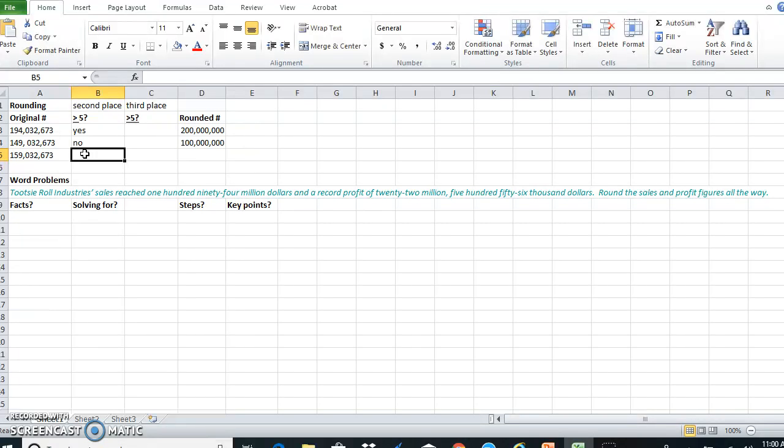Is 5 greater than or equal to 5? Yes, it is. 5 is equal to 5. So we round up to the nearest 100 million, to 200 million. Sorry about that.